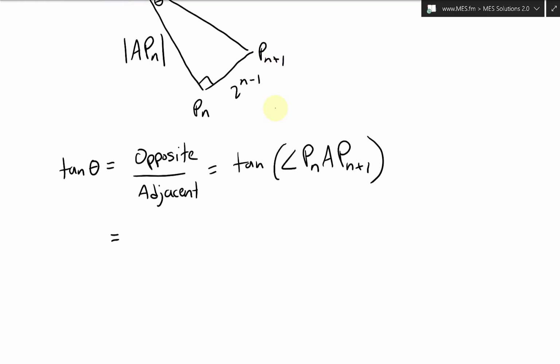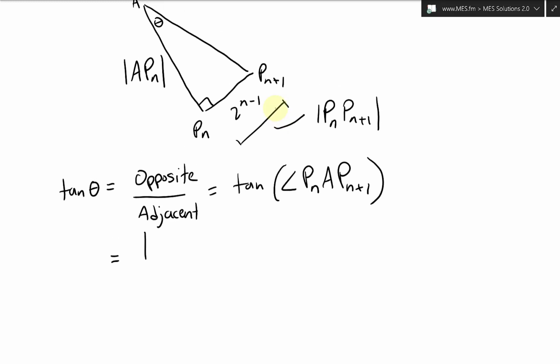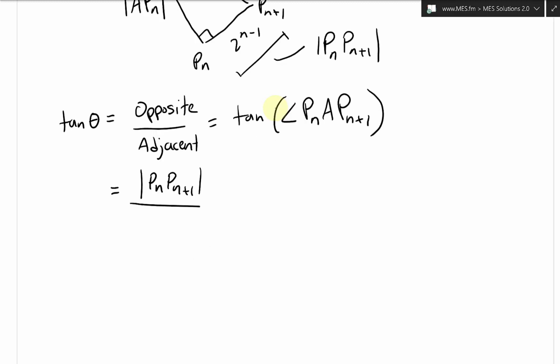This equals 2. And just for even more completeness, this part right here, 2 to the n minus 1, you can write as the absolute value of Pn plus 1. So just for completeness, opposite is equal to the side Pn plus 1 over the Pn distance.